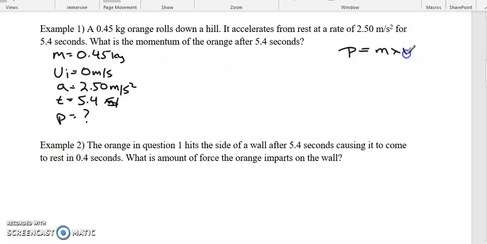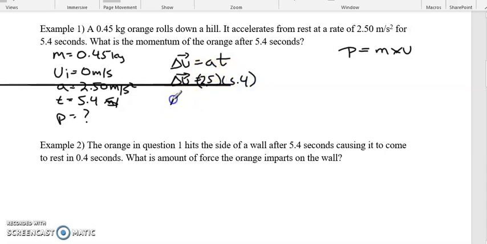being mass times velocity, means we need to figure out what the velocity is of this orange after 5.4 seconds. Well, we do know that the change in velocity is equal to the acceleration times time. So the change in velocity is going to be the 2.5 multiplied by the 5.4. And ultimately we're seeing a 13.5 meters per second change in velocity.